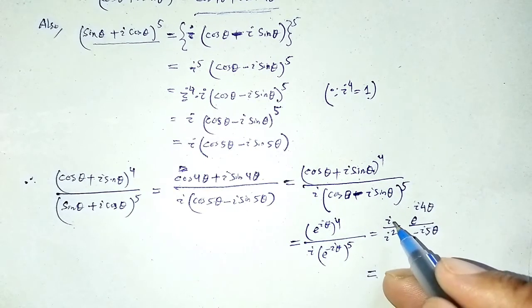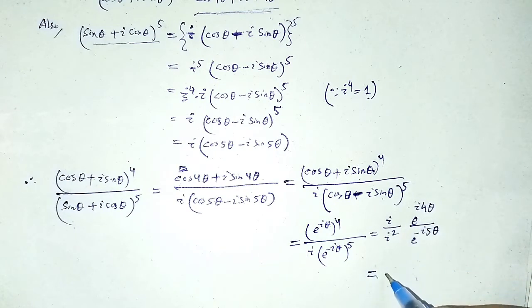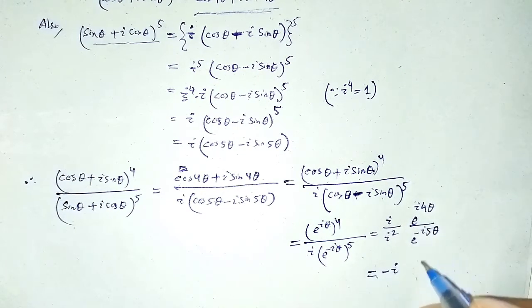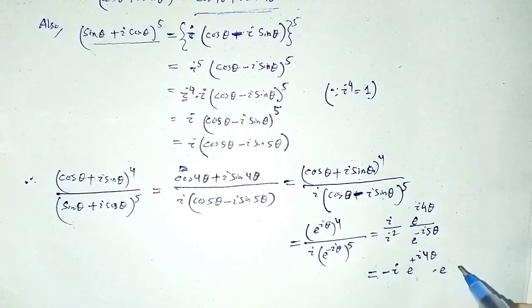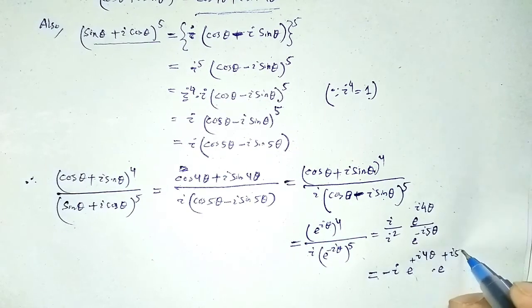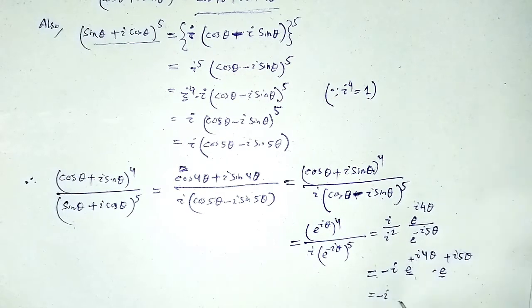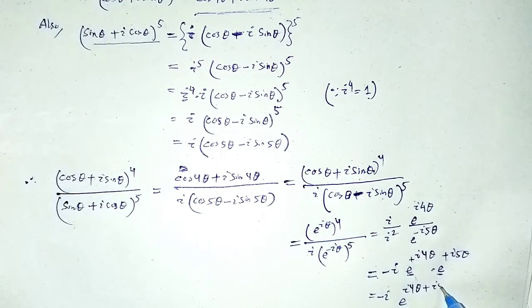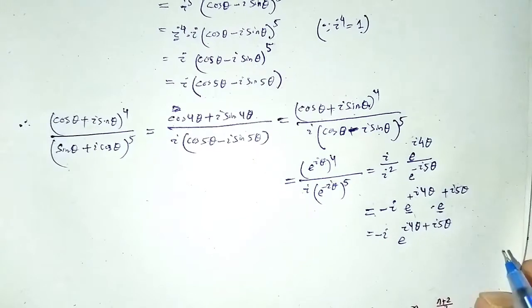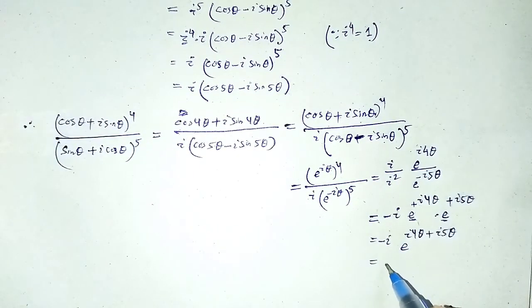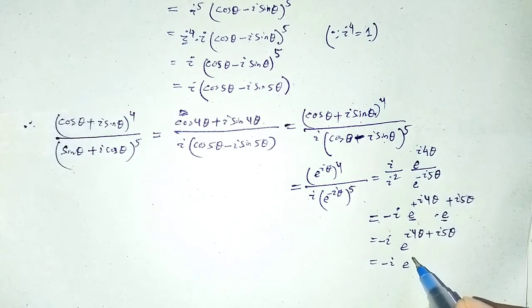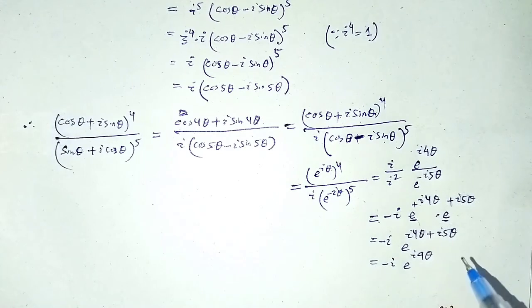Now i square is equal to minus 1. So minus i e to the power i 4 theta into e to the power plus i 5 theta. Now minus i e to the power (i 4 theta plus i 5 theta) results in minus i e to the power i 9 theta.